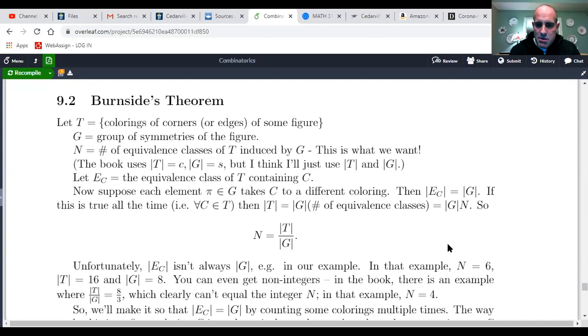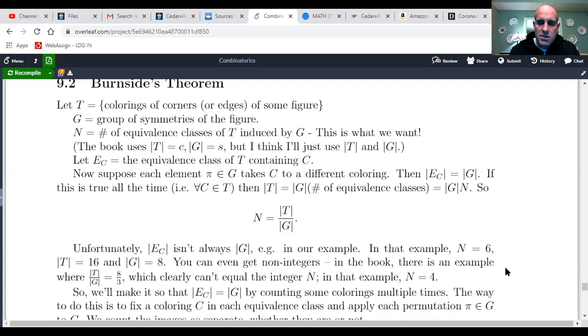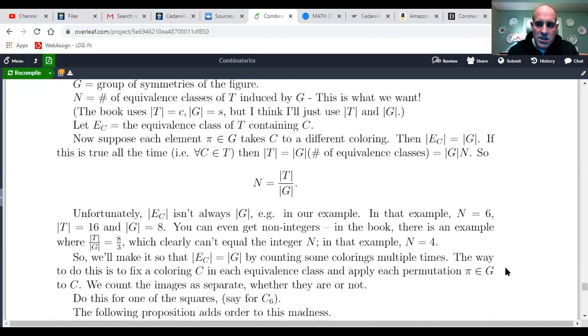And incidentally, there's an example in the book that has to do with an equilateral triangle with black and white, coloring those, and only thinking about rotations of the triangle, not reflections. And in that example, you don't even get an integer. So rotations of the triangle, there are 3 of them.